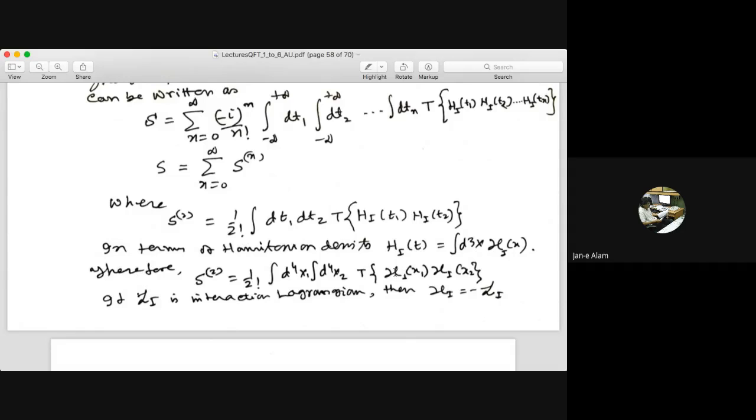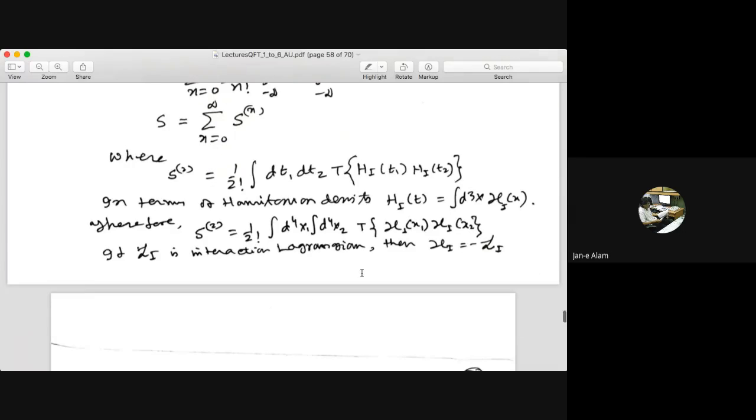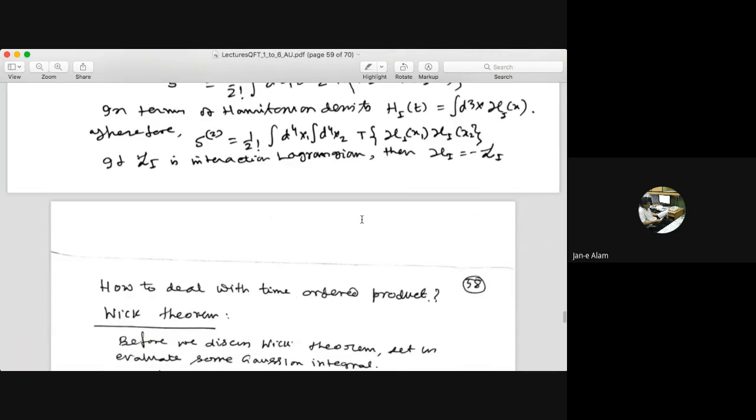So there are two composite operators, the interaction Hamiltonians at x1 and x2, in a time ordered product, right? That is what is involved there. So we need to learn how to handle the time ordered, or chronological, product of two operators.